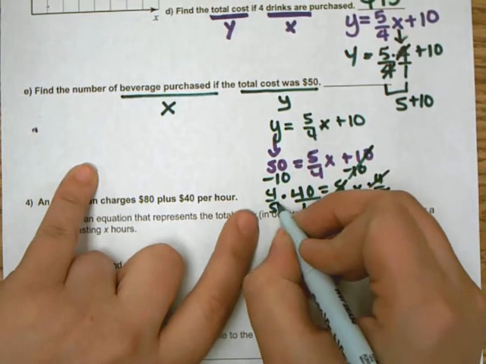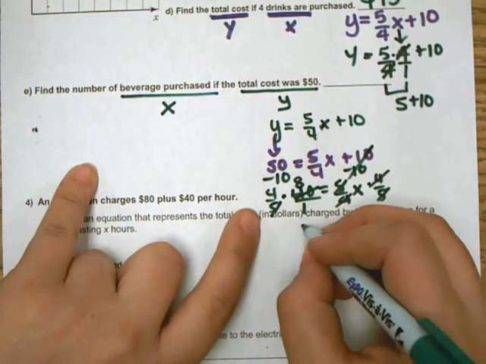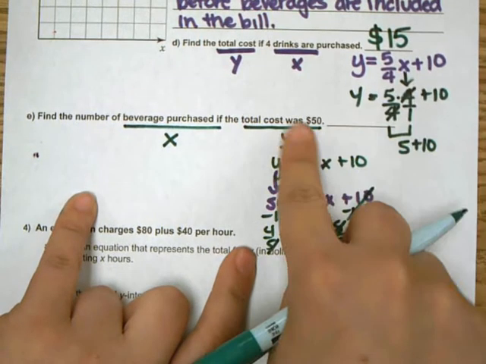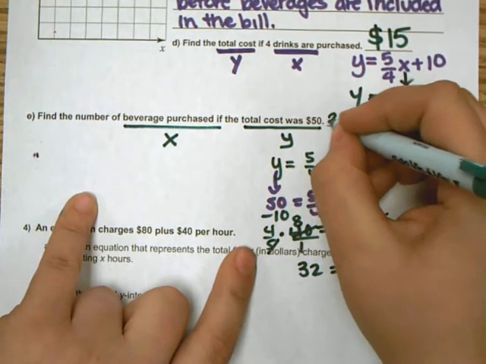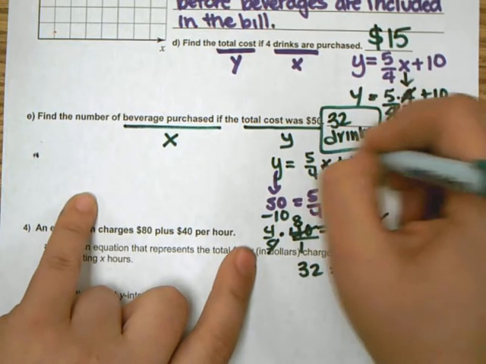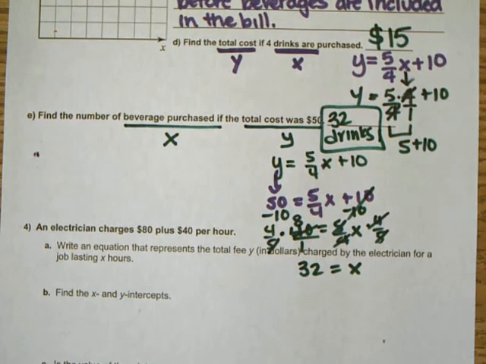So we need to solve this equation. So we're going to subtract 10 and multiply by the reciprocal. When we do that, the 5 will go into the 40 8 times. 4 times 8 is 32. So if you spend $50, you can get 32 drinks.